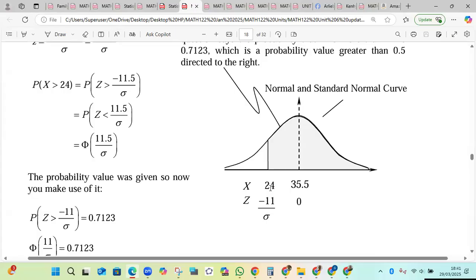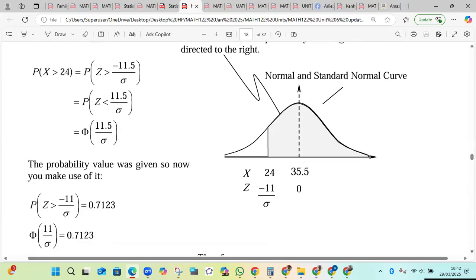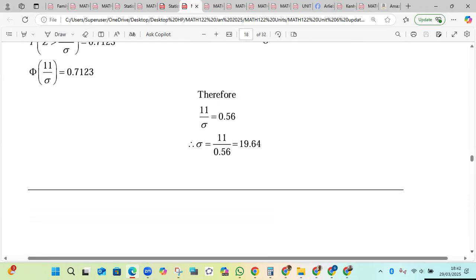And when you subtract 35.5 from 24, you're going to get a negative value. Z will be a negative value, negative 11 over sigma. But that is not the case in our example. In our example, 90 is more than 85.